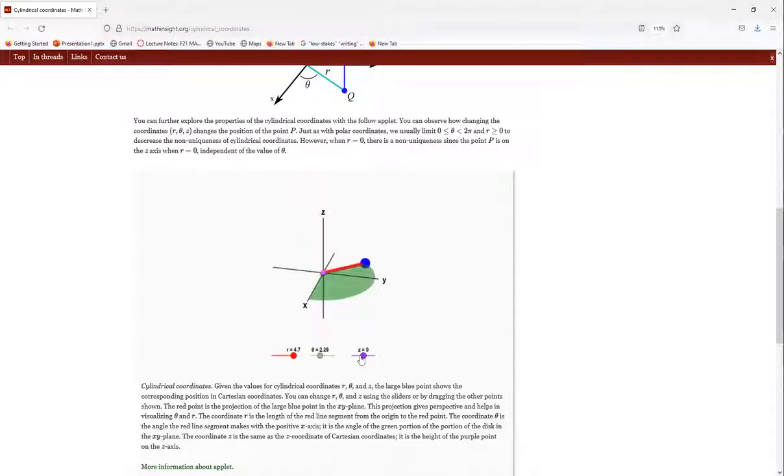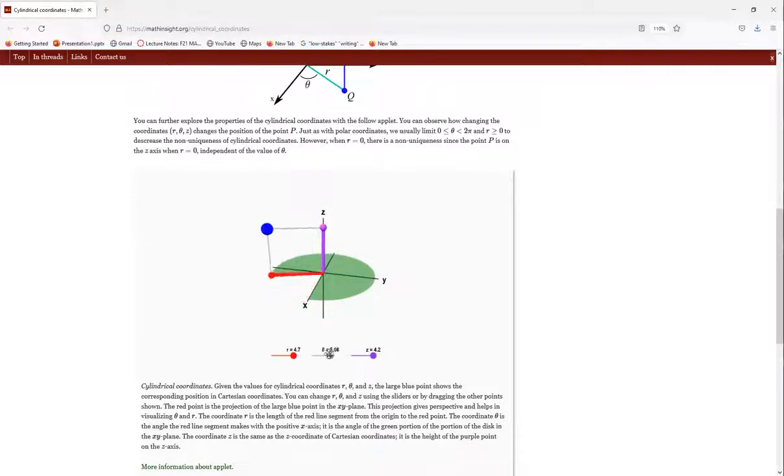As I move this point above the z-axis, the z value gets larger and larger. I can change this angle, and this is the behavior of this object. This object is moving in space on a cylindrical surface.